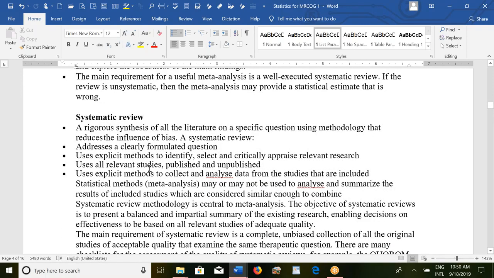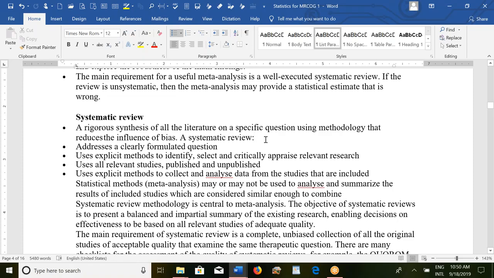Now, what is a systematic review? It means a rigorous synthesis of all the literature on a specific question using methodology that reduces the influence of bias. Can you see, all the literature on a specific question? You define one question, and then you go over all the literature on that question.